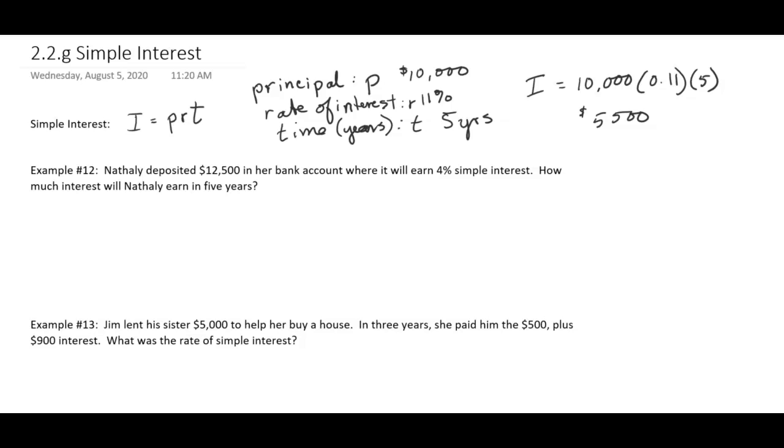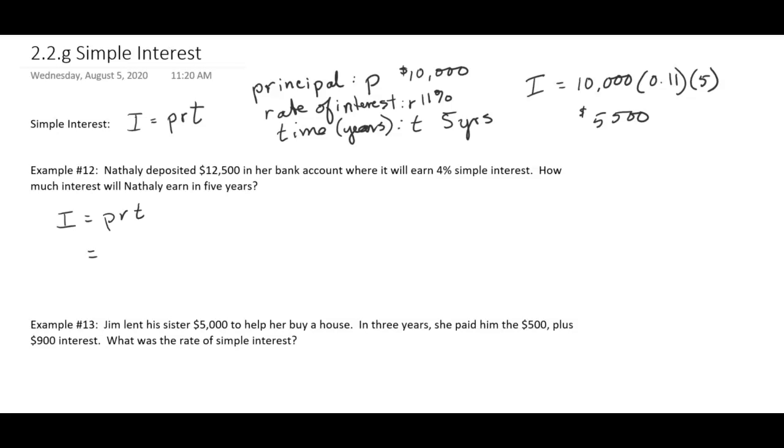Example 12. Nathalie deposited $12,500 in her bank account where it will earn 4% simple interest. That's pretty good. How much interest will Nathalie earn in 5 years? The interest is going to be the principal times the rate times the time.